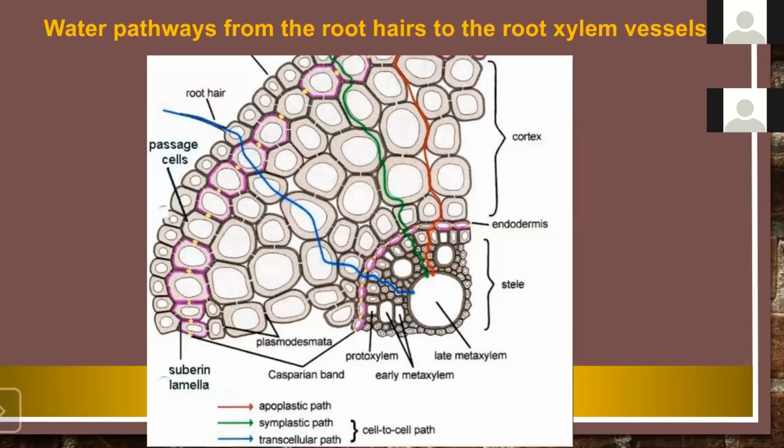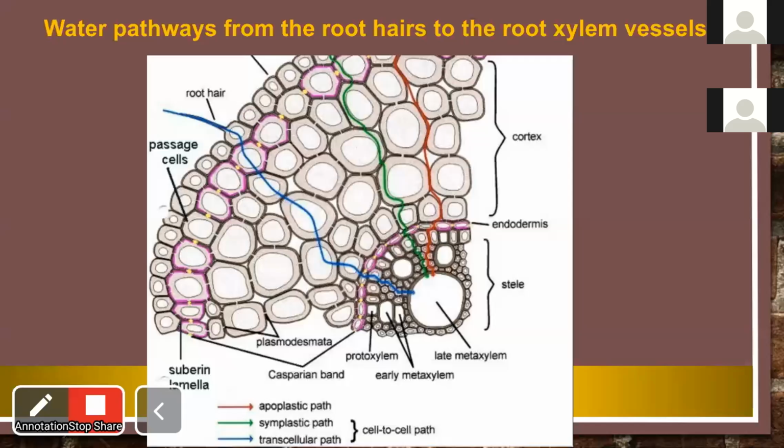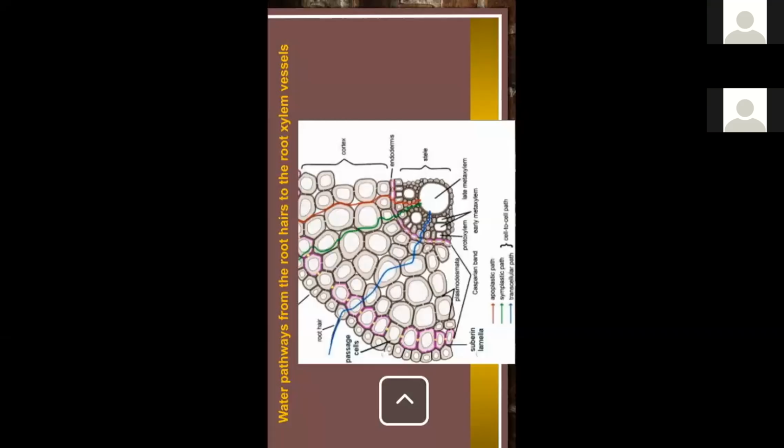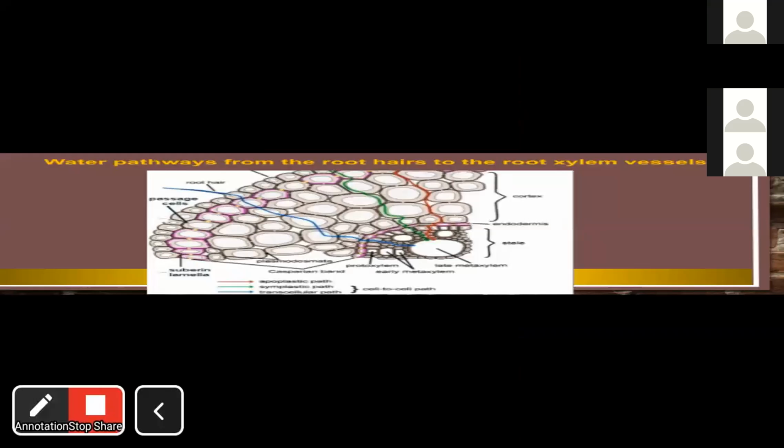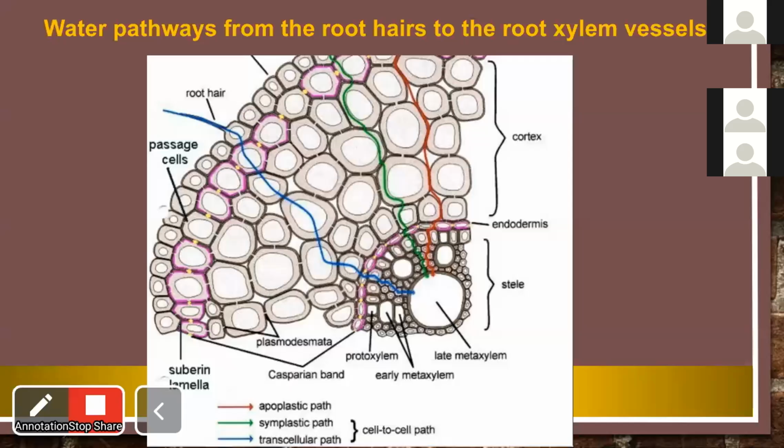You are told that there must be a concentration gradient. Two points must be at different levels of concentration, so that from a dilute solution, water should be able to move to the concentrated solution. And this is what happens between the soil solution and the cell sap that is found inside the root.